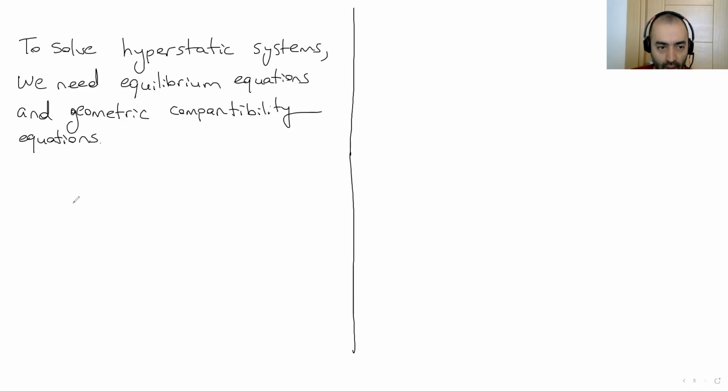But if I give you some examples, for example, a beam with double pin support, if I have one roller support, it's going to be a simple beam. But here we have vertical support reactions and horizontal support reactions. This is a hyperstatic system.